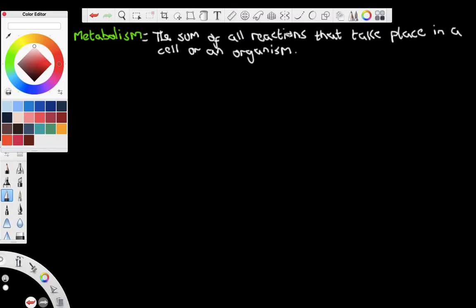Now, respiration is one reaction that contributes to metabolism.